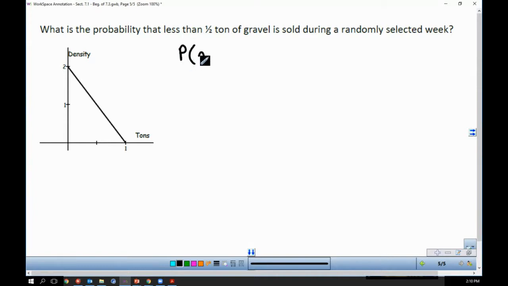The probability that x is less than 1/2. Well, let's see. I don't want to equal 1/2. I want to be less than 1/2. I'm going to put a dotted line because I don't want to equal it. I can be anything less than that. So this whole area.